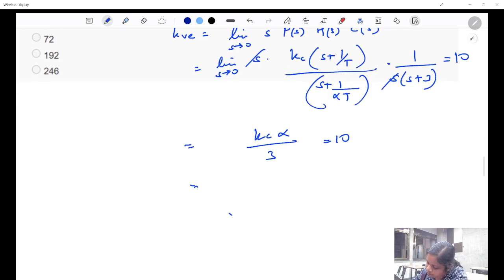We know alpha value already, right? So Kc is equal to 30 upon 0.22, which is approximately equal to 138.24.